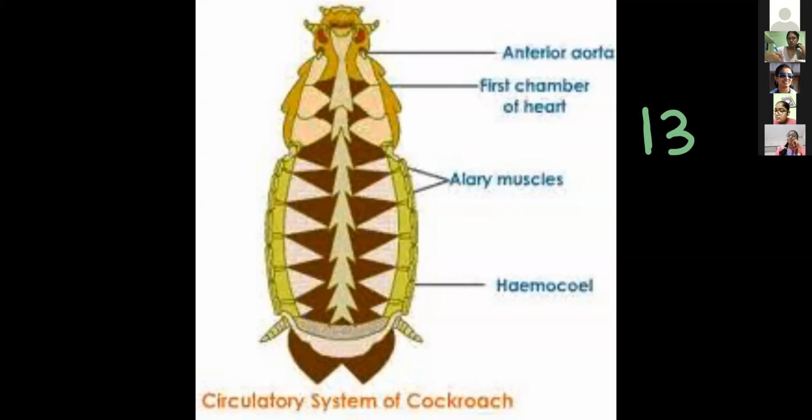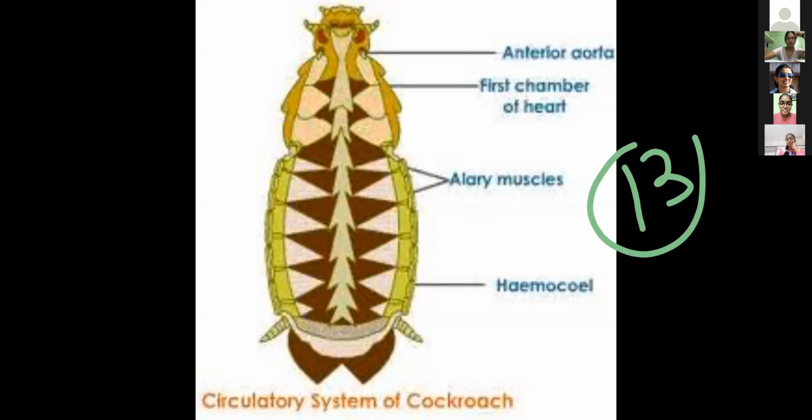See, this is the one unit, this is the second unit, third, fourth, fifth, sixth, 7, 8, 9, 10, like that. Total number of hearts, remember, how many? 13.